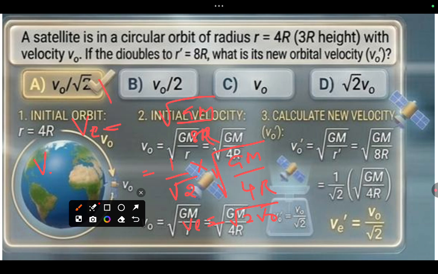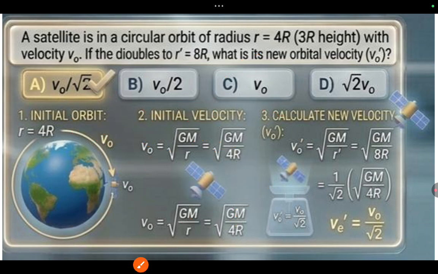Actually V equal to root 2 V naught. This is the condition, the double of the orbital velocity. So here this is a little bit tricky, so I go with this option only. If you change any one of the options, the new orbital velocity is root of GM by R. Okay, I don't want to waste time. I have to go with the other questions.